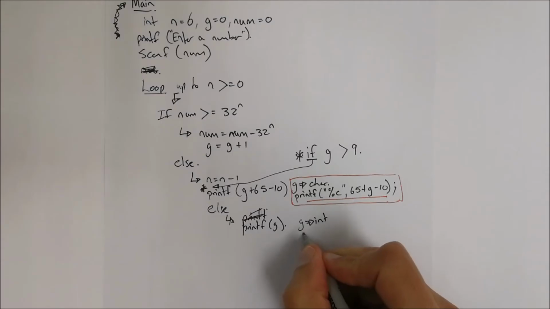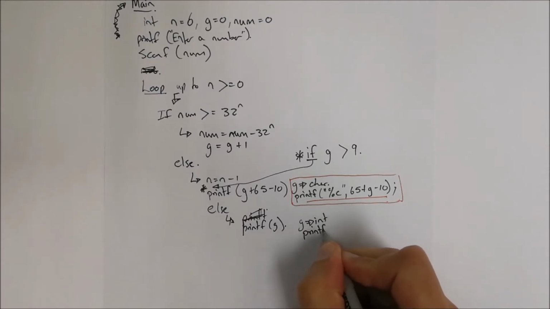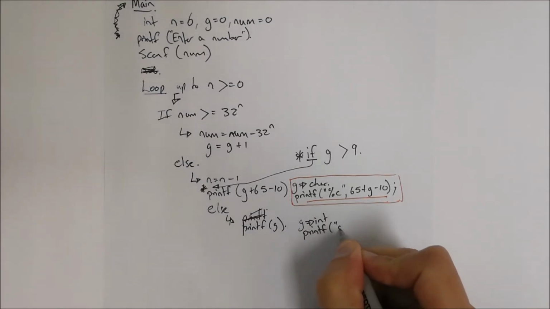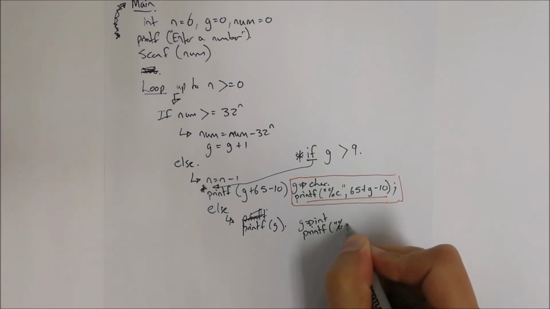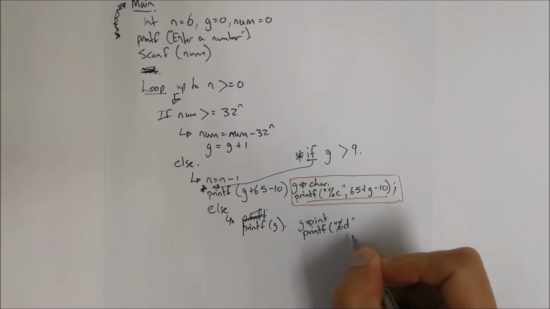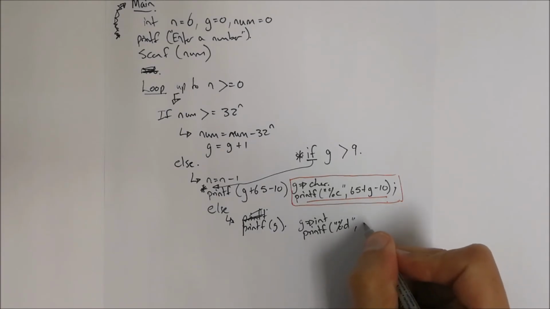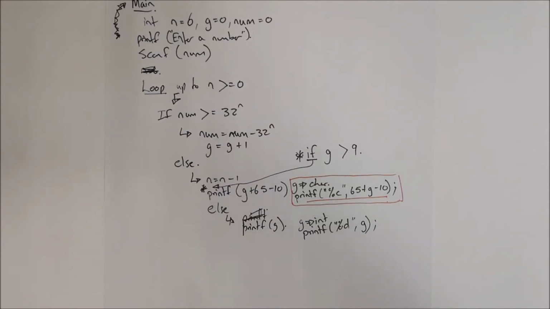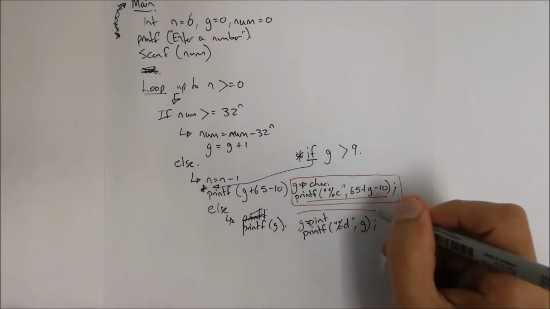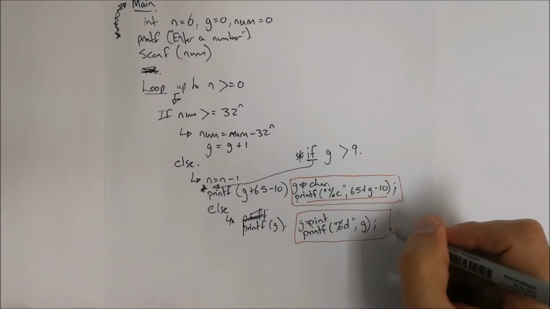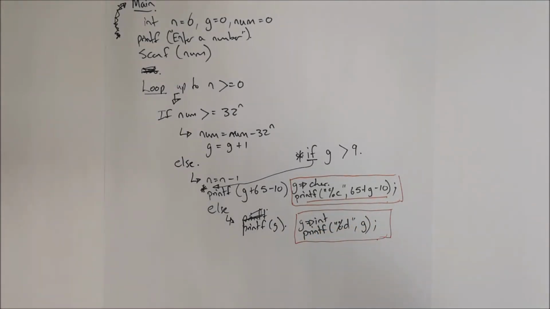So in other words, it will probably be something like printf %d of the letter g, or the variable g. Okay, so again, this is just a side note that I'm making that I need to keep into account when I'm doing this.